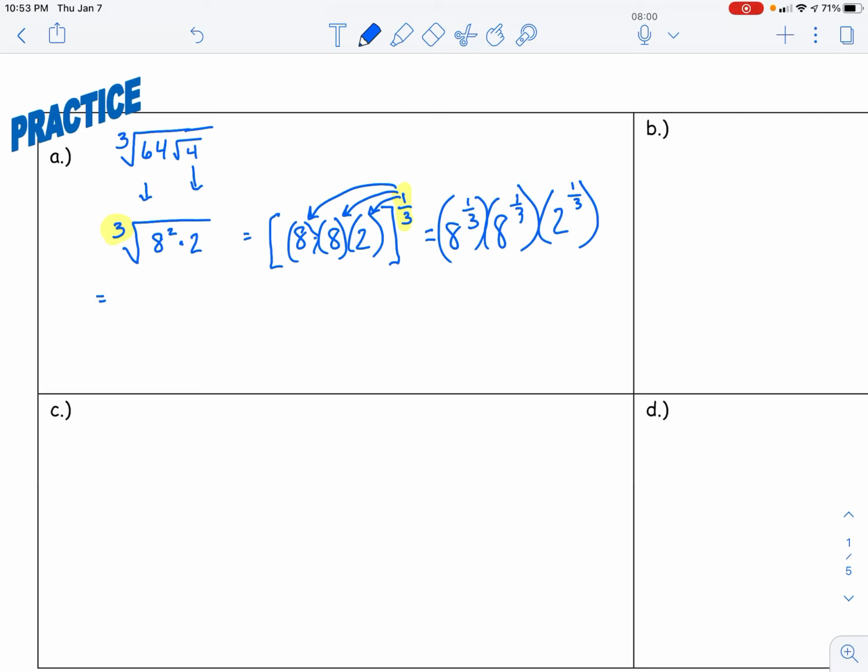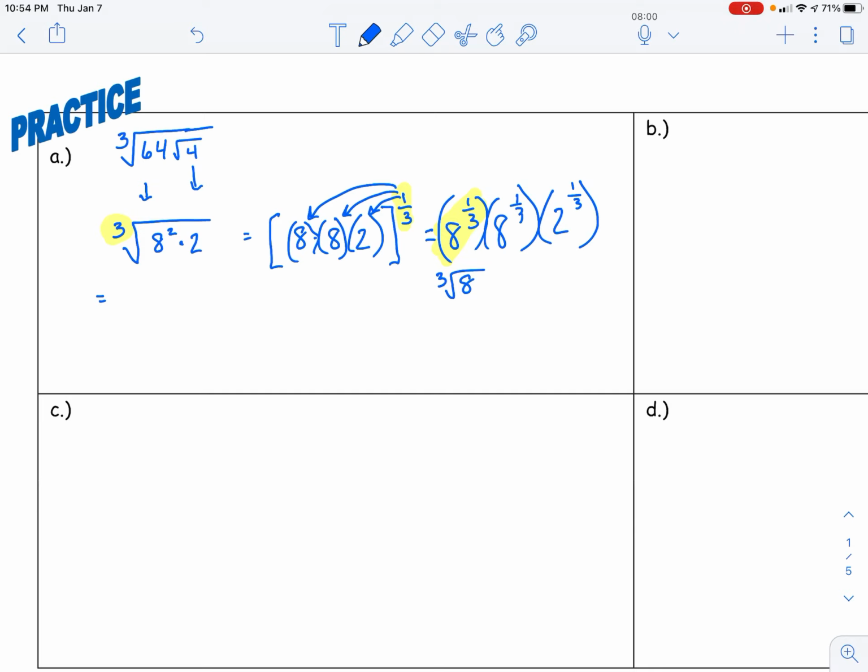Okay, now I'm looking here at something. I should have looked this over before I did this. Oh, okay. All right. Now this is going to be very interesting. So watch this. Notice I have 8 to the 1/3 power. Well, what is that? Remember, that was just the cube root of 8, right? So what is the cube root of 8?